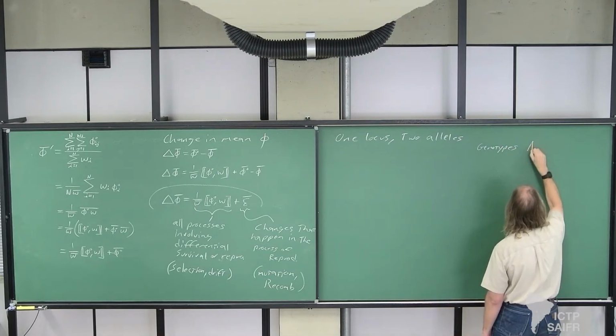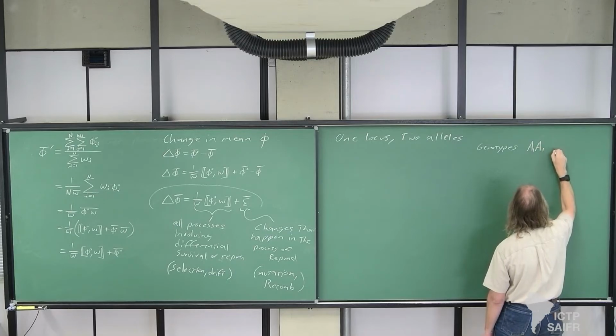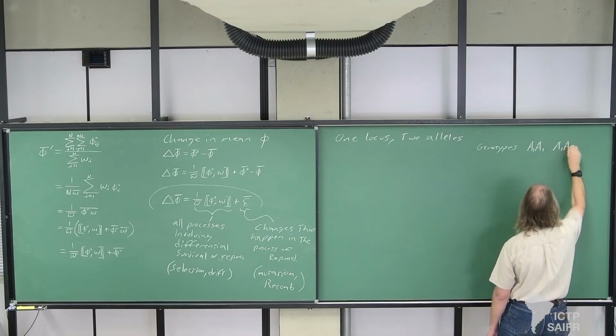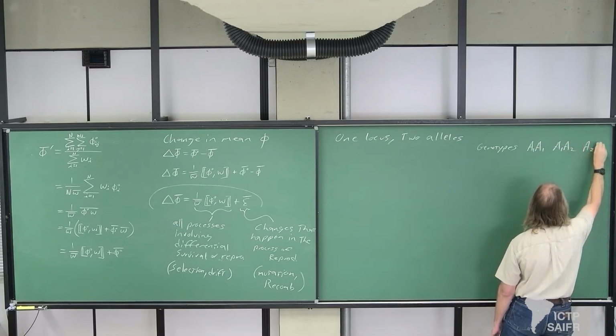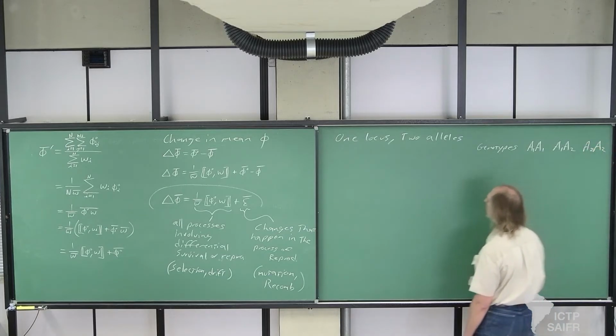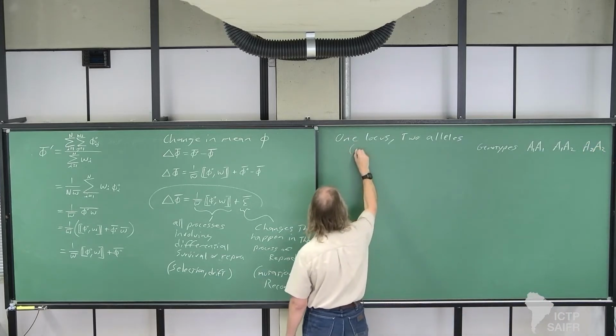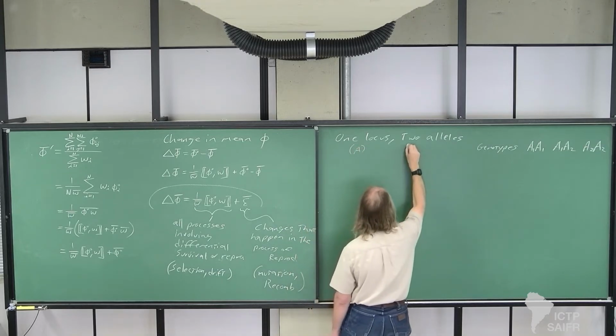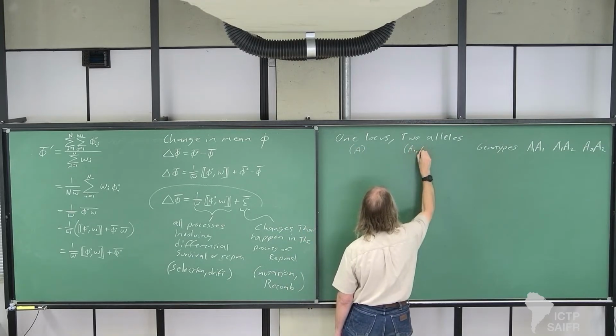Those are, I'll call them A1, A1, A1, A2, and A2, A2. Okay, so the one locus will be the A locus, and the 2 alleles will be designated A1 and A2.